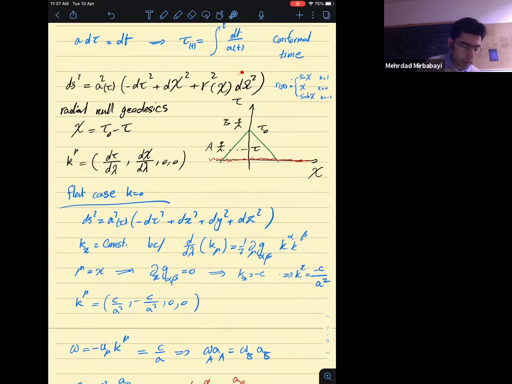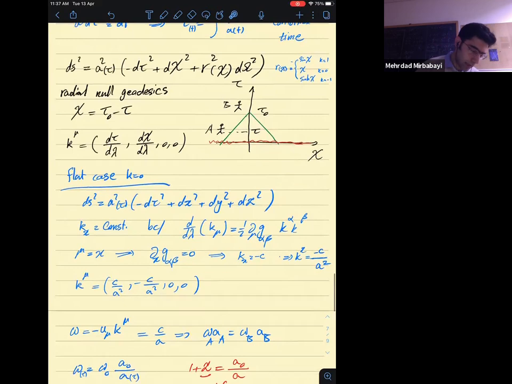The tau and chi components of the metric don't have any chi dependence.